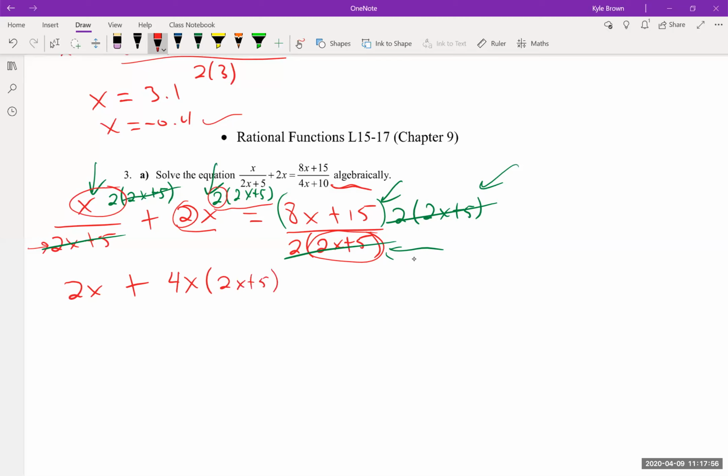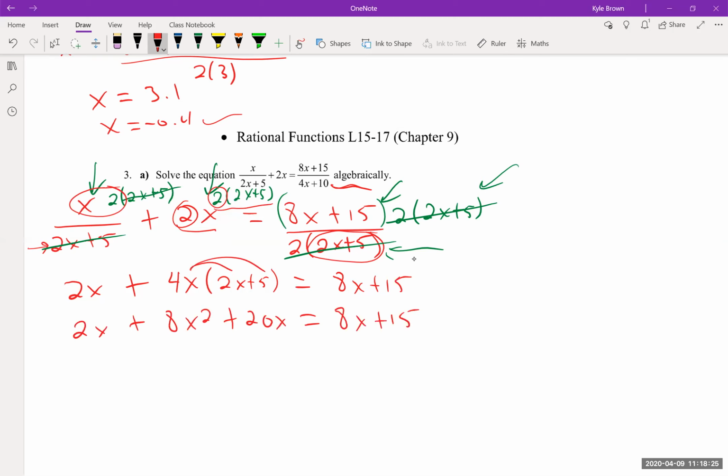And then it's equal to, and then on this side, I've just got 8X plus 15. Okay, next line down. I'm just going to write this again. So 2X plus, and then I'll distribute it here now. So we're going to have 8X squared. All right, just distributing that in. And then plus 20X is equal to 8X plus 15.